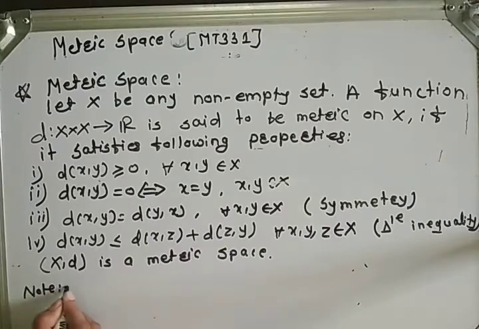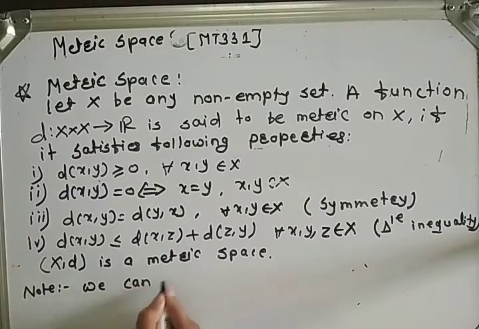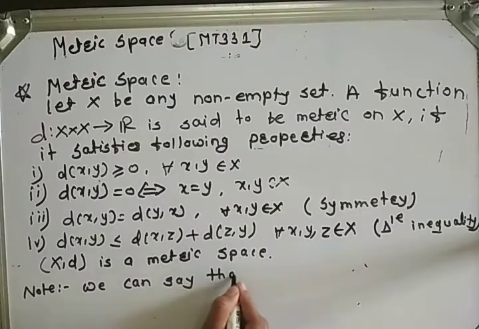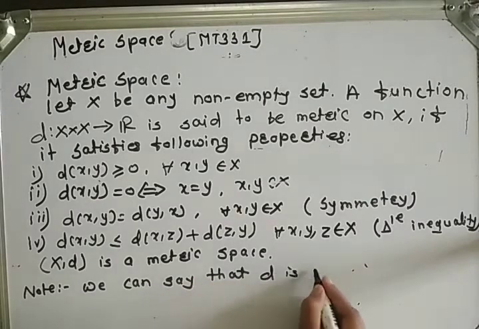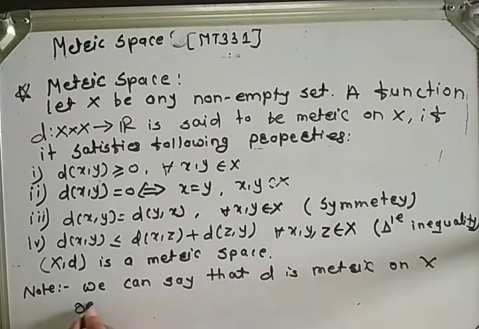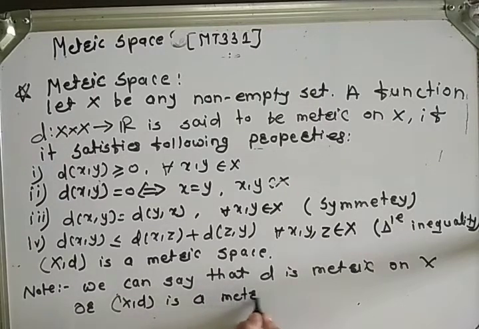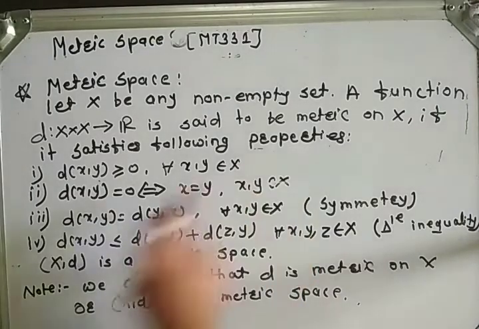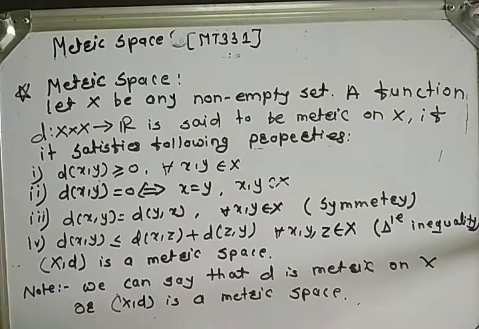Note: we can say that d is a metric on X, or d satisfies these properties, or the ordered pair (X, d) is a metric space. You have to always remember that if d satisfies these four properties, then you can say that d is a metric on X, or the ordered pair (X, d) is a metric space.